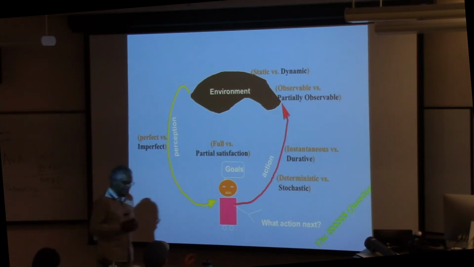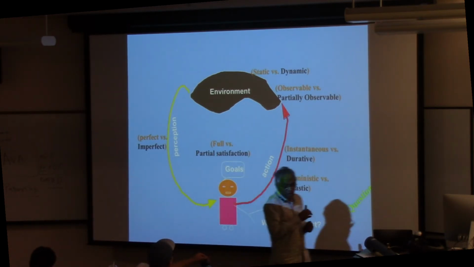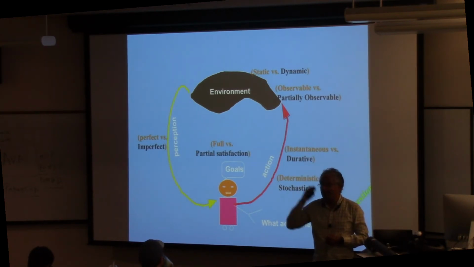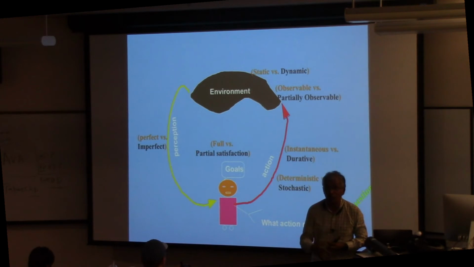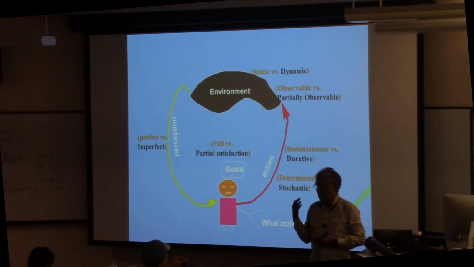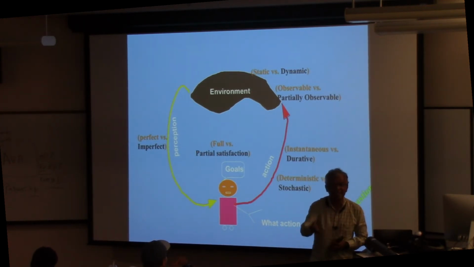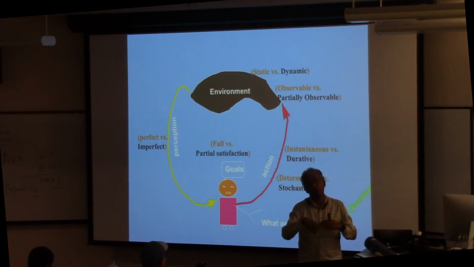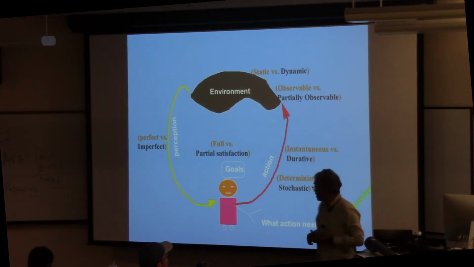Pretty much it's true everywhere, but the thing that comes to my mind is the way the Fed tries to control the economy. They'll change the interest rate. That's an action. It doesn't right away have any impact. It takes a whole bunch of time for you to really understand what its impact has been. So those are durative actions.